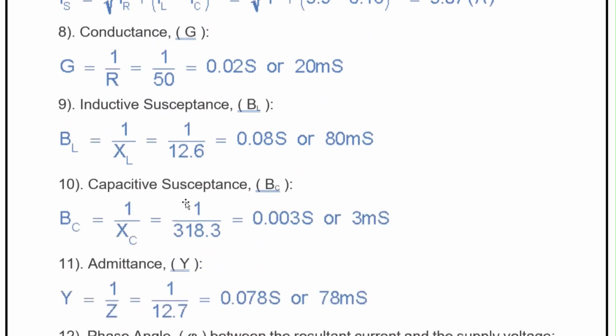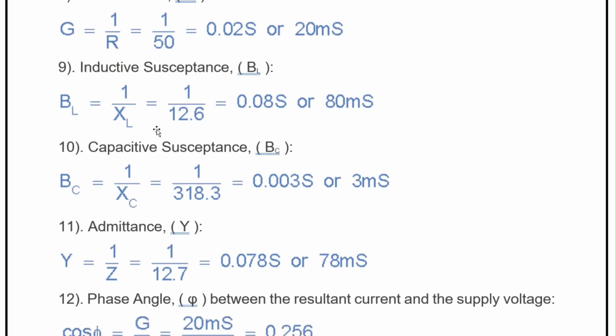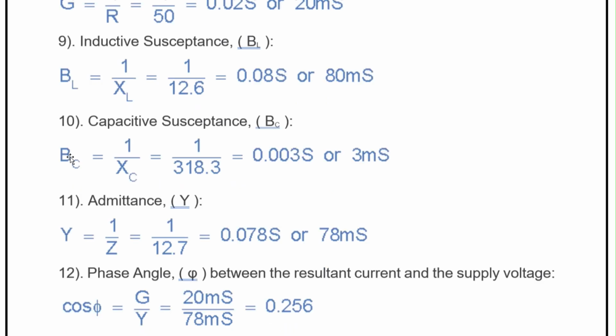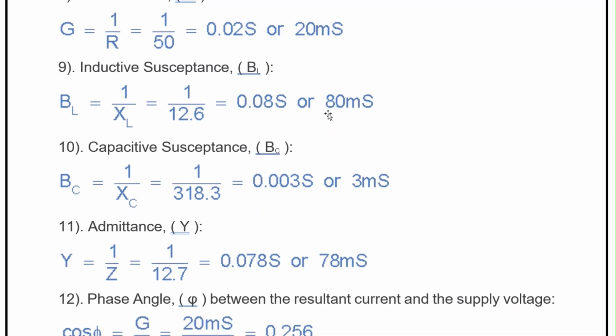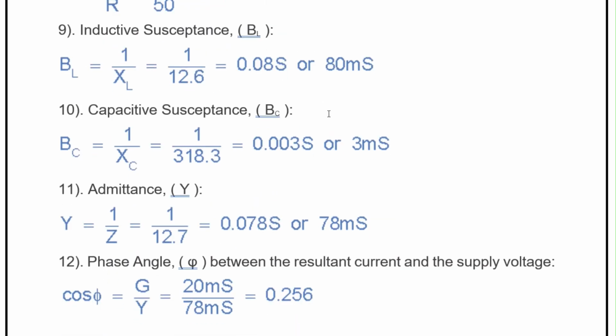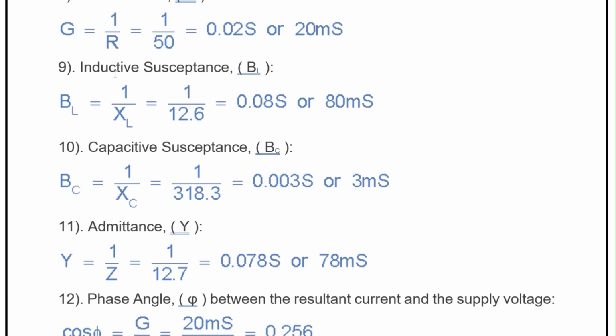Now calculate the conductance as asked in the question. G equals 1 upon R, 1 by 50 is 0.02 Siemens, that is 20 millisiemens. If you multiply it by 1000, it is converted into millisiemens.